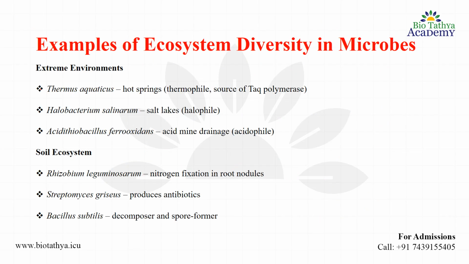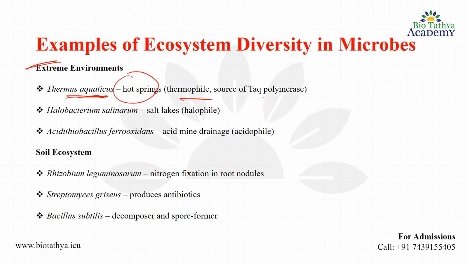Now, going into the examples, if we talk about extreme environments where the temperature or other factors are extreme, for example, Thermus aquaticus, which can inhabit hot springs where the temperature is very high.